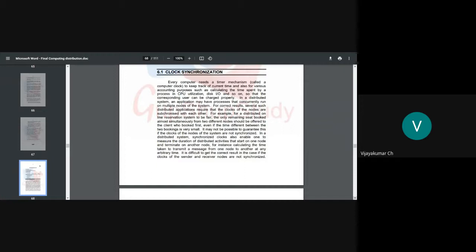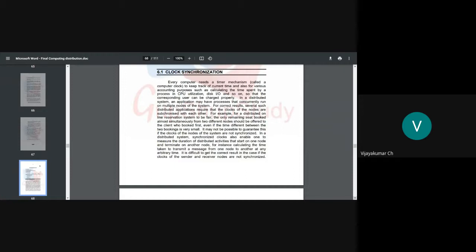In a distributed system, an application may have processes that concurrently run on multiple nodes of the system. An application implemented by the users or developers may have some processes, and among those processes, some are currently running on multiple nodes of the system.